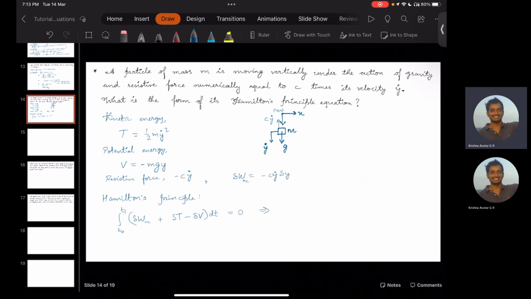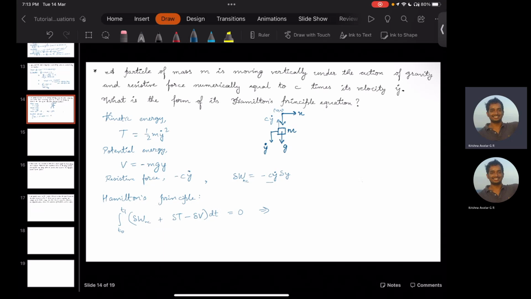So then this implies that there may be a sign convention issue here. It depends on the definition of what we say, right?